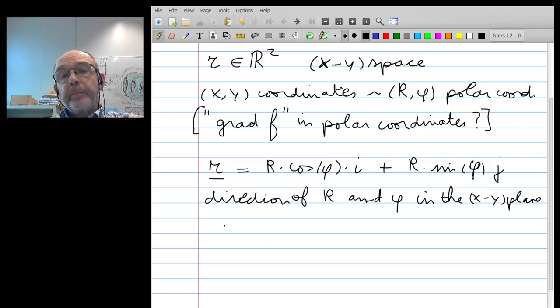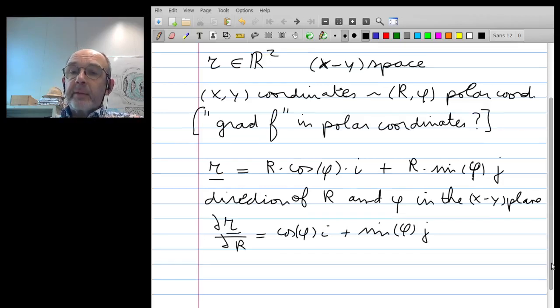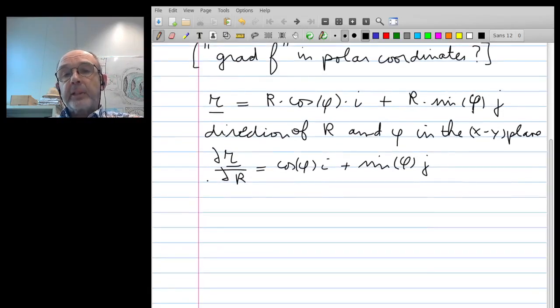Now what to do? If you differentiate that R with respect to the radius, you get cosine phi i plus the sine of phi j, and I will make a sketch in a few moments, and then we will see if that indeed gives the direction of R or the direction of phi.